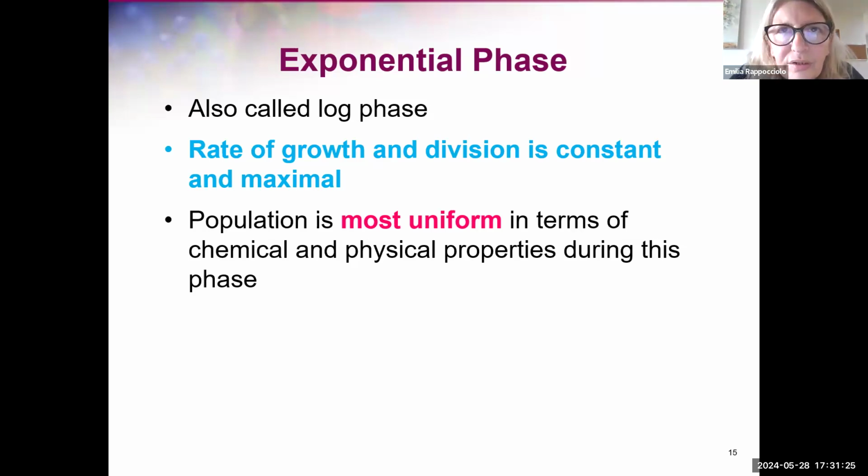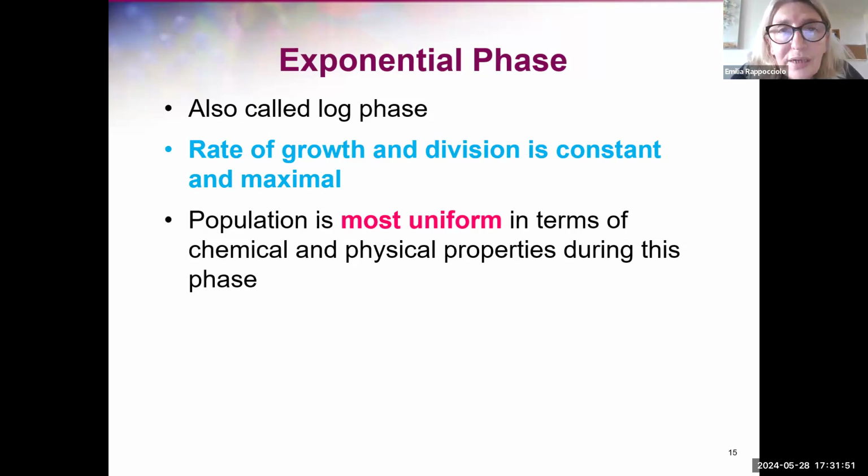So they have an optimal growth rate, an optimal time for cell division. E. coli might be 20 minutes if everything is perfect around them. That 20 minutes is the minimum that they need to go between 2 cell divisions. They cannot grow any faster than that. So rate of growth and division is constant and maximal.